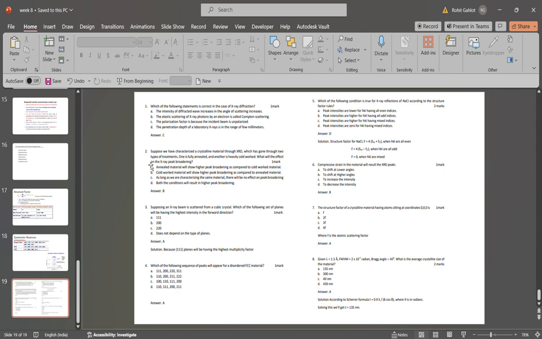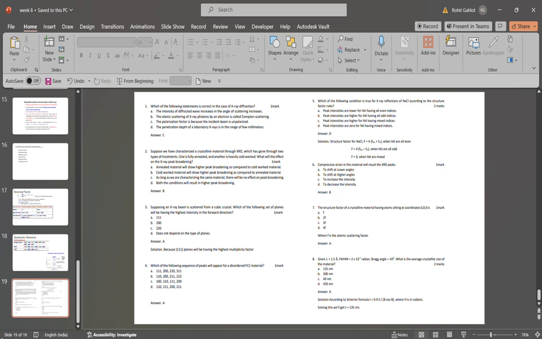Suppose we have characterized a crystalline material through XRD which has gone through two types of treatment. One is fully annealed and another is heavily cold worked. What will be the effect on the X-ray peak broadening? The cold worked material will show higher peak broadening as compared to the annealed material because of the residual stresses. Then the third question: supposing an X-ray beam is scattered from a cubic crystal, which of the following sets of planes will have the highest intensity in the forward direction?